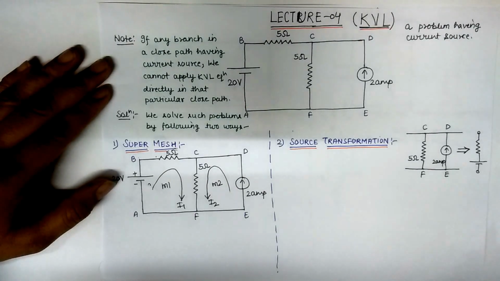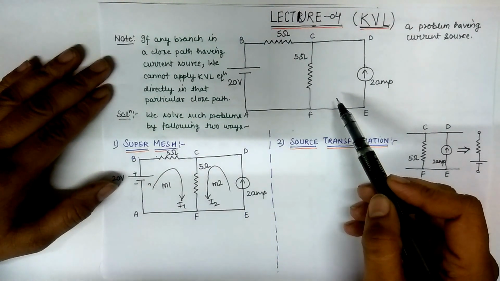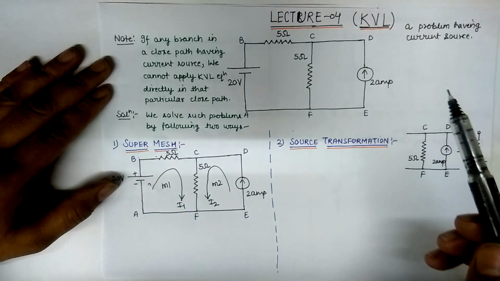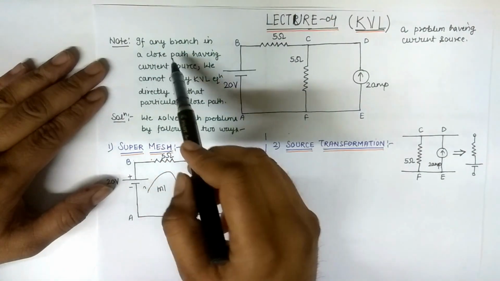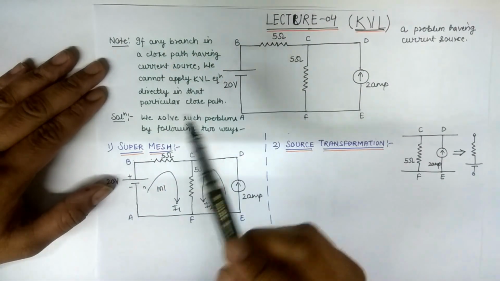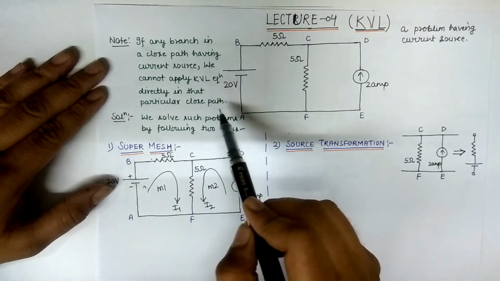Now, in lecture number 4, we solve this question using KVL again. If any branch in a closed path has a current source, we cannot apply the KVL equation in that particular closed path.